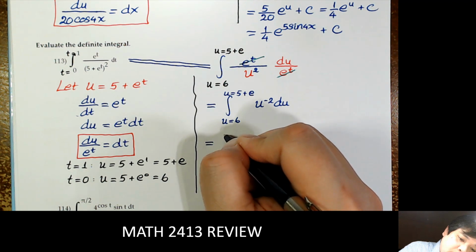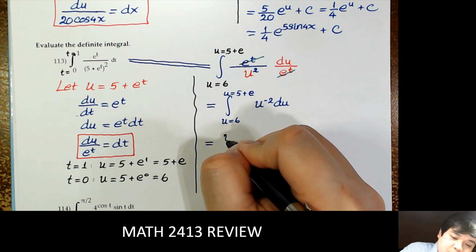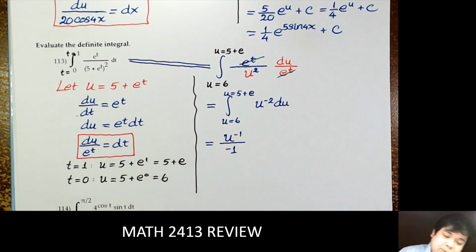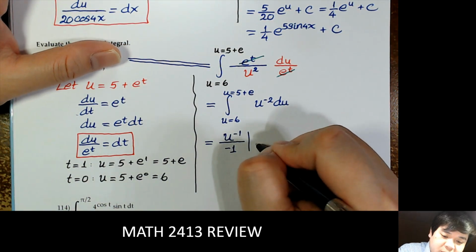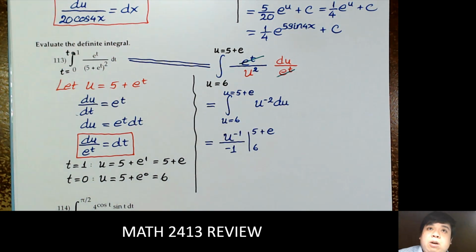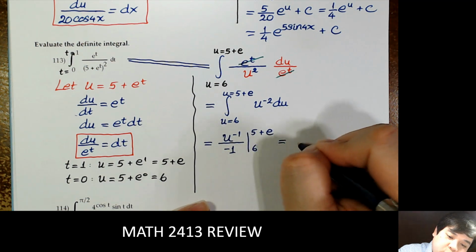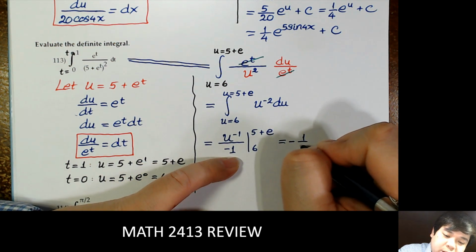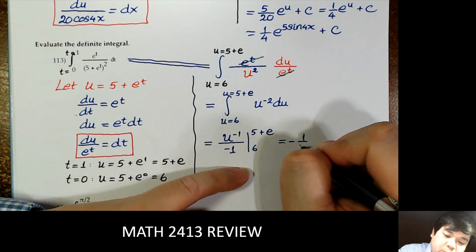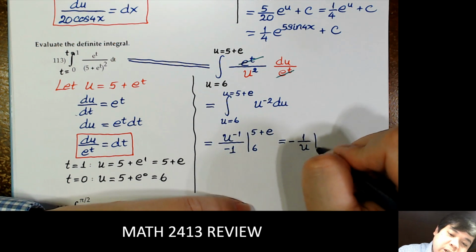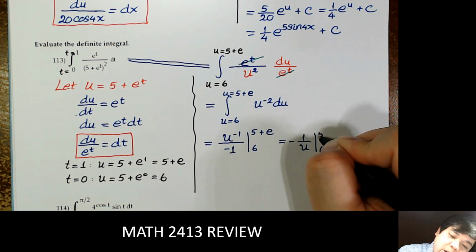The integral of that is u to the negative 1 over negative 1, going from 6 to 5 plus e. To rewrite this, we should have negative u to negative 1, which becomes 1 over u, going from 6 to 5 plus e.